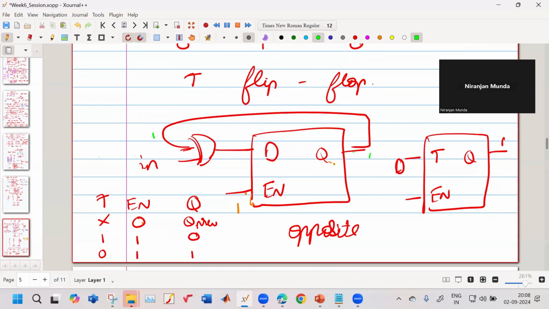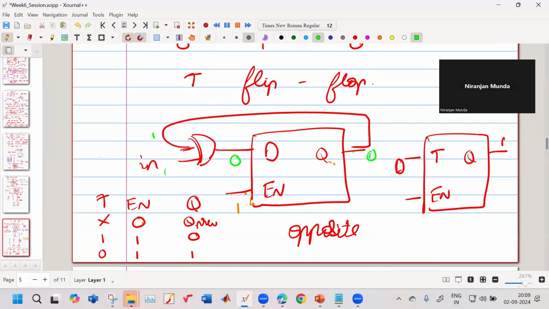So this comes out to be 1. Right? And my input at that time goes high. So if both are 1, 1, then what will come over here? It will come out to be 0. Right? And when D is 0, then Q will again become 0.